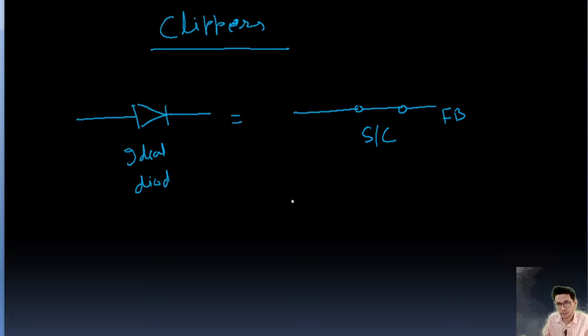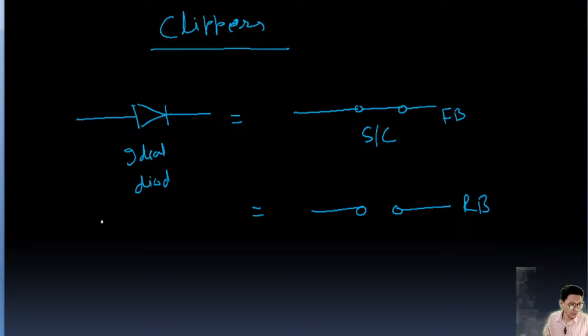And if it is reverse biased, it will be open circuited, so no current is going to flow. So this is the case of an ideal diode: in forward bias it is short circuited, and in reverse bias it is open circuited, which means no current will flow from here to here.